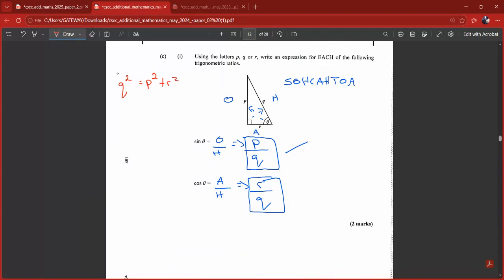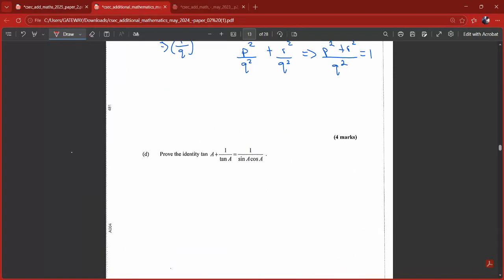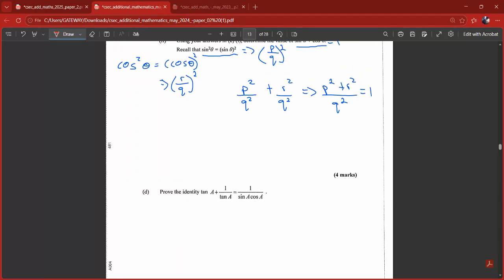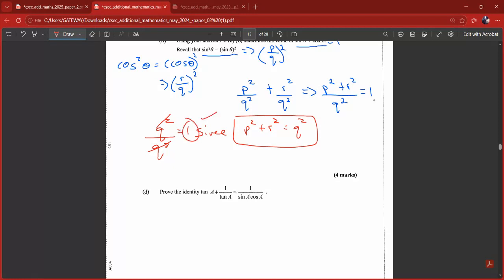This is Pythagoras theorem. So we have p squared plus r squared on top, which will be equal to q squared. So we have q squared divided by q squared, since p squared plus r squared is equal to q squared by Pythagoras theorem. So q squared divided by q squared cancel off, you're going to get 1. So you still get the answer of 1.